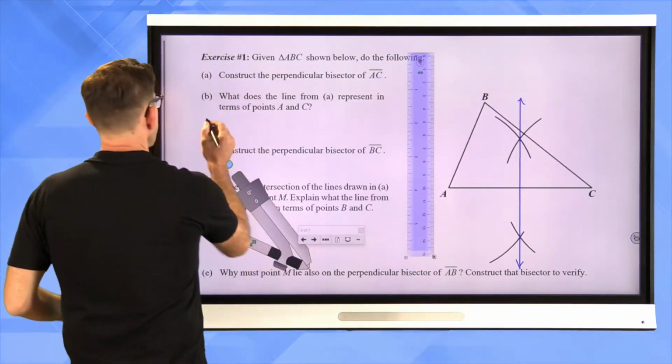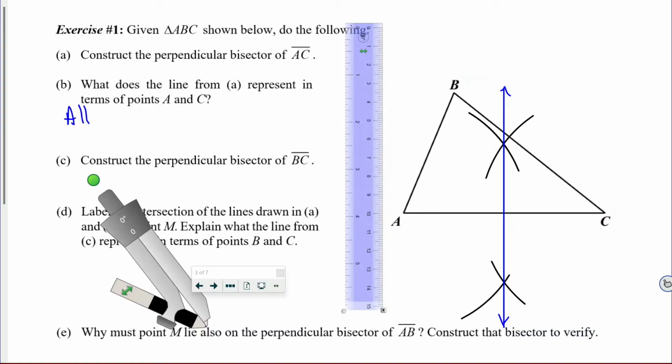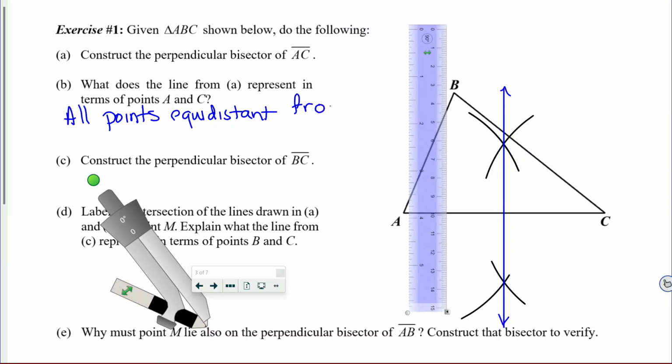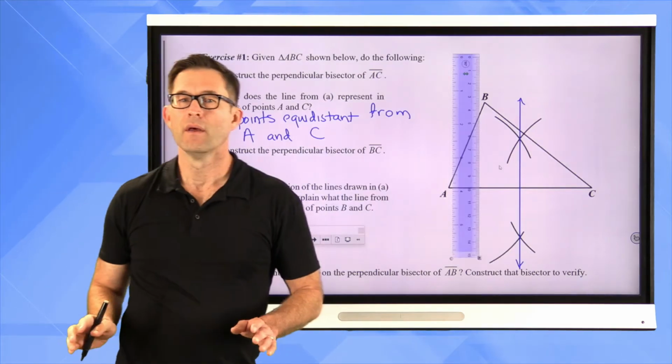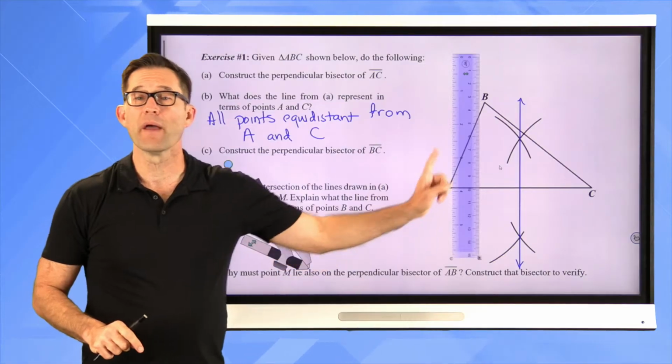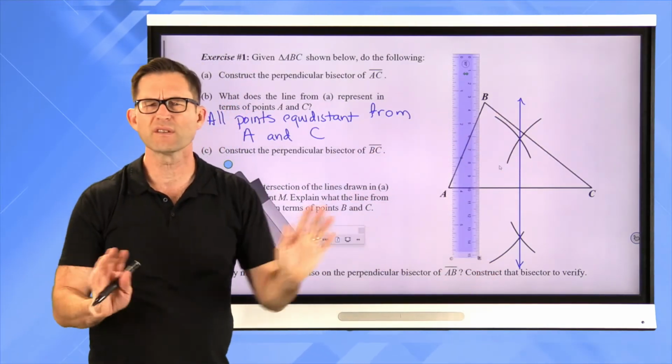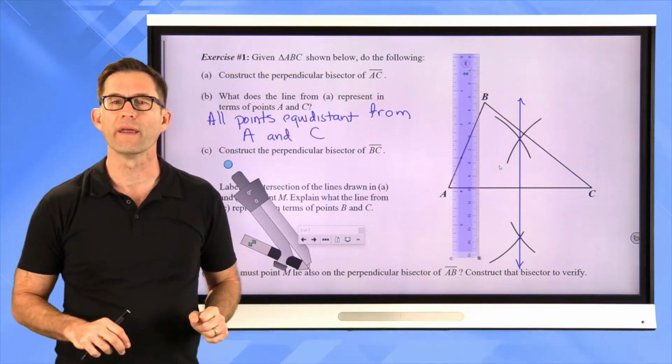So all points equidistant from A and C. All right, so every point that is the same distance away from A as it is from C lies along that line. Just kind of put that away for right now.